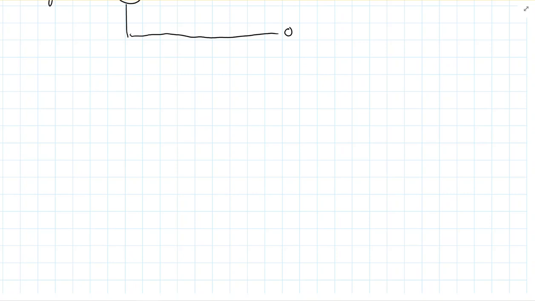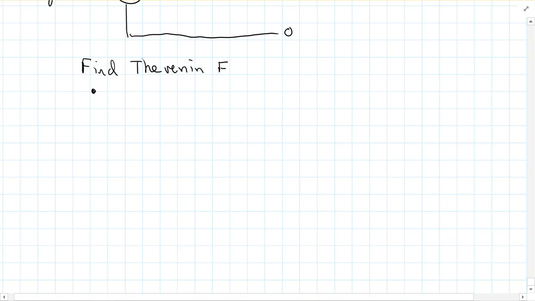Okay, I'm going to do another example of finding a Thevenin equivalent circuit. So we're supposed to find the Thevenin equivalent. In this case, we're given a 400 nanofarad capacitor.